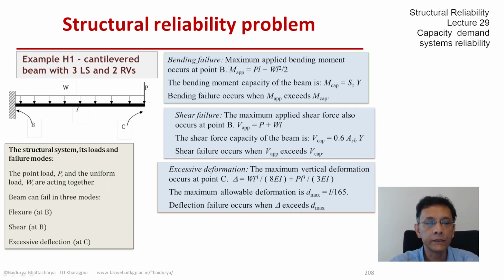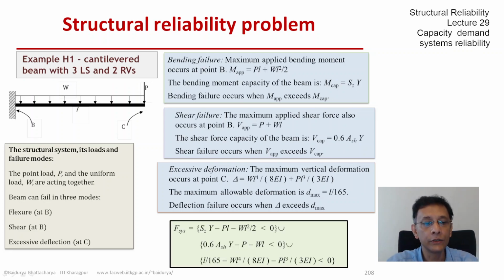For the excessive deflection, we do a linear elastic analysis, and the deflection at point C is WL to the power 4 over 8 EI, E being the Young's modulus and I being the moment of inertia, plus PL cubed over 3 EI. And we allow a maximum deflection of span over 165.